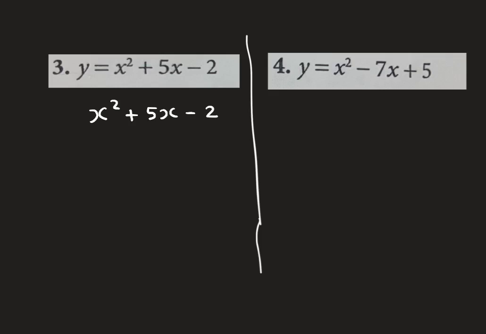Half of 5 is 2.5, then square the number, 2.5 squared is 6.25, then add and subtract. So you have x squared plus 5x plus 6.25 minus 6.25, then minus 2.